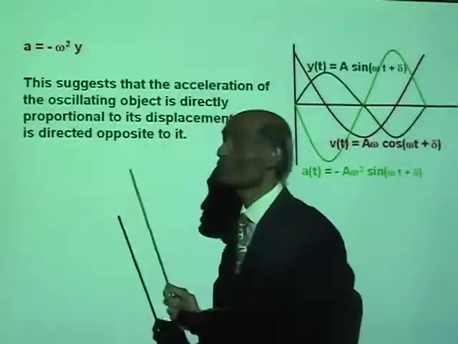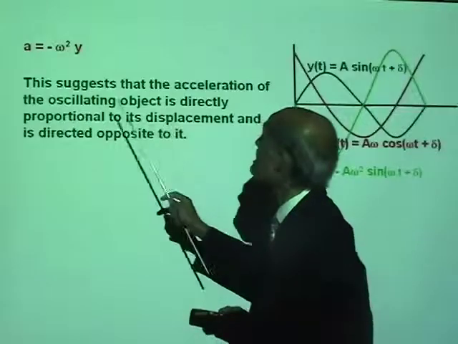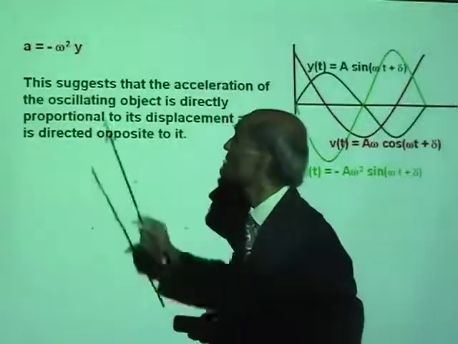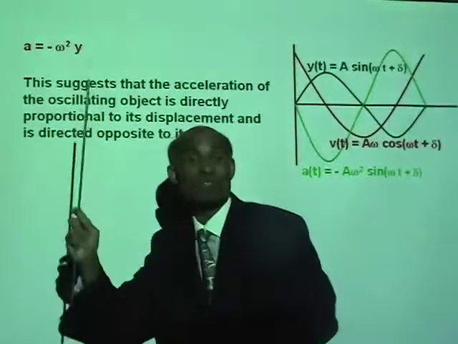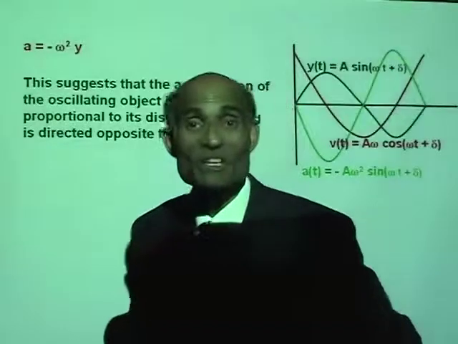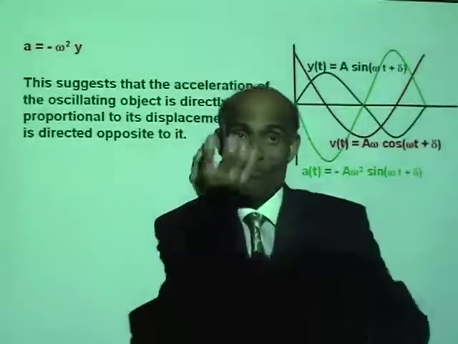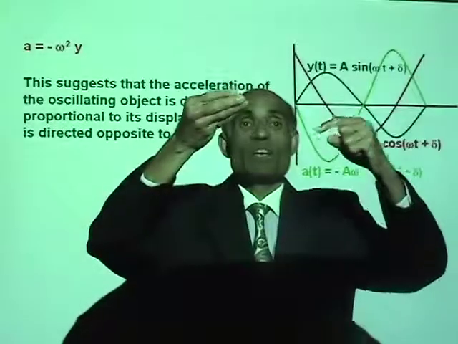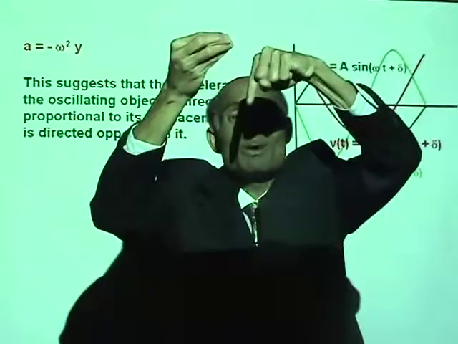So this equation suggests that acceleration of the oscillating object is directly proportional to the displacement and is directed opposite to it. That means, what is the direction of the acceleration? As y increases, acceleration increases. But as y increases upward, the acceleration is downward.